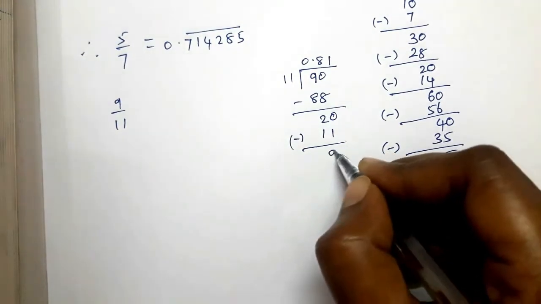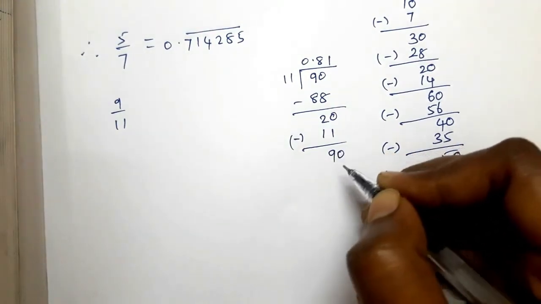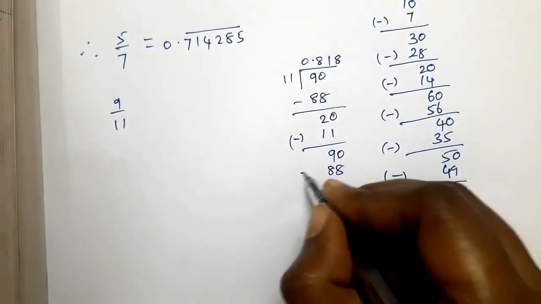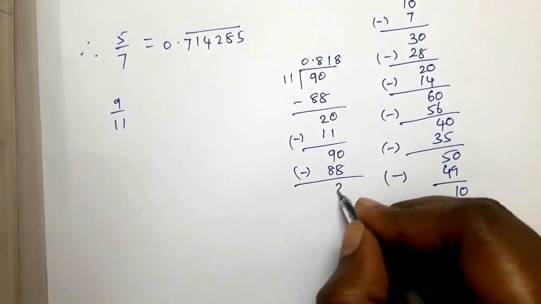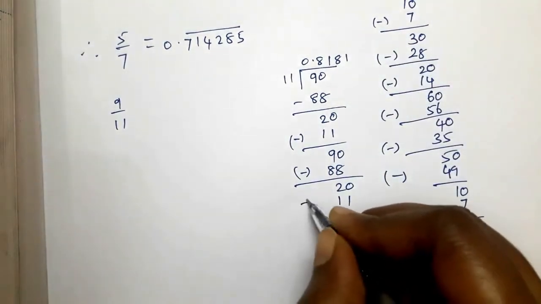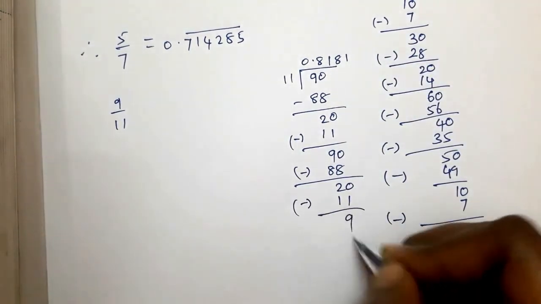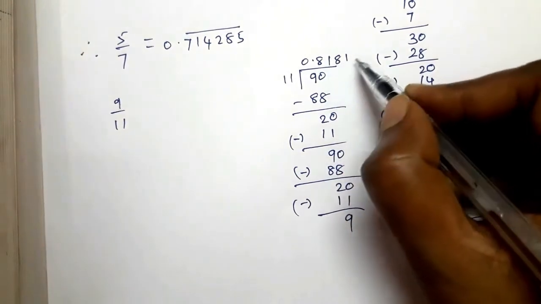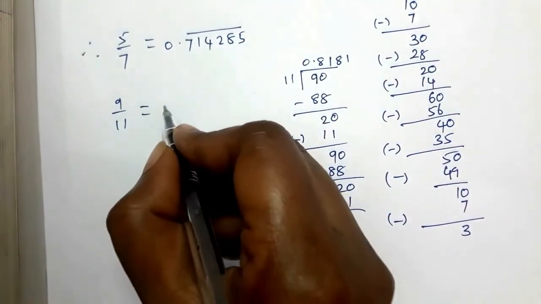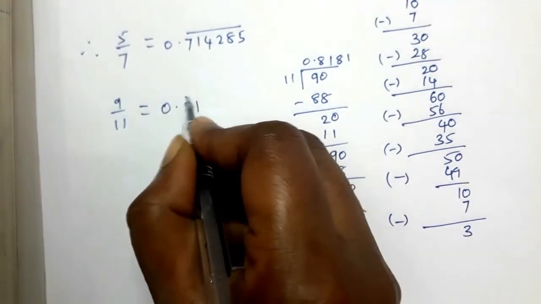Here remaining we should get 9. So again add 0. Now 90, again 8 times is possible, 8 11s are 88. Do the subtraction. We should get 2. Again add 0. Here one time is possible, 1 11 is 11. Do the subtraction. We should get 9 again. Here 8, 1, 8, 1. So the repeating block is 81. So 9 by 11 can be written as 0.81 bar.